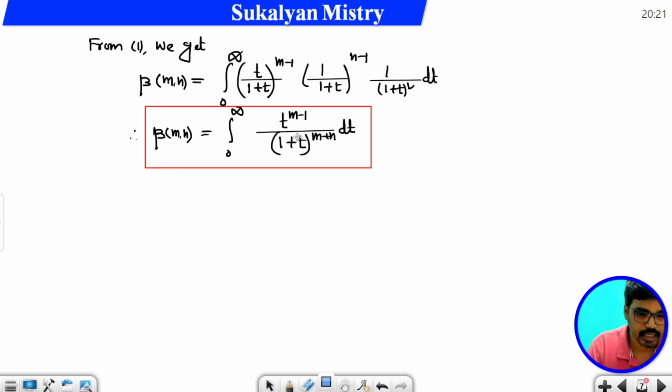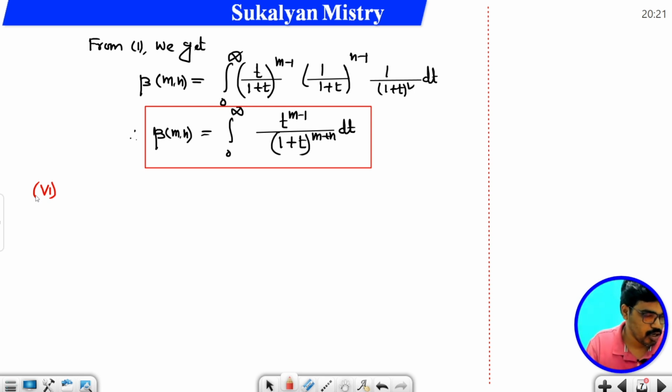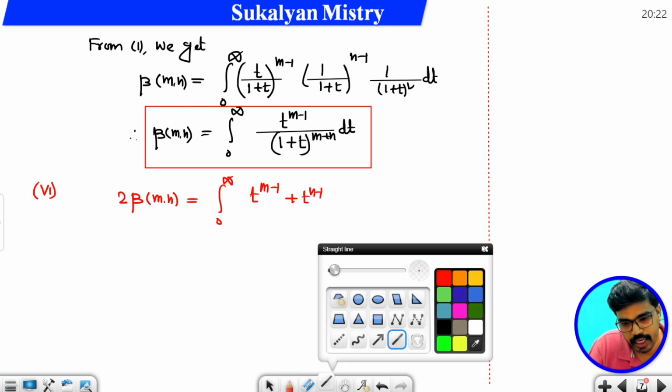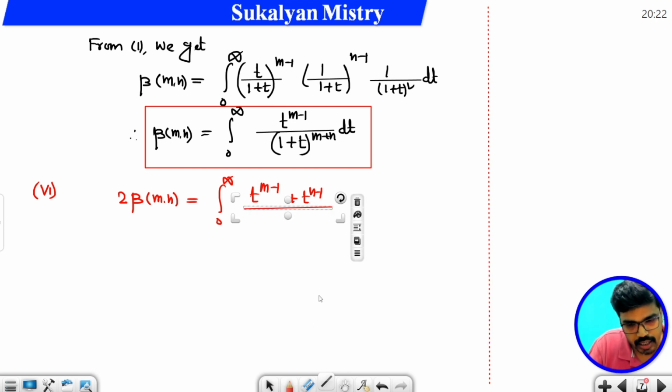Okay, so next, property 6. I am slowly moving towards advanced topics; I started from the basics. Next property: 2 beta m comma n equals integration 0 to infinity of t to the power m minus 1 plus t to the power n minus 1, divided by 1 plus t to the power m plus n dt.